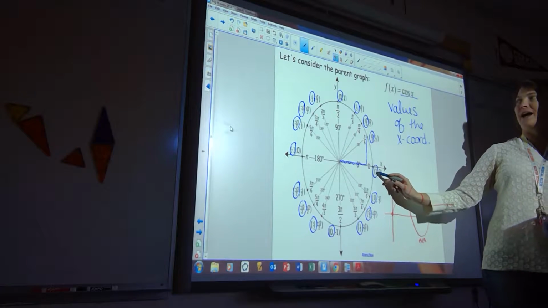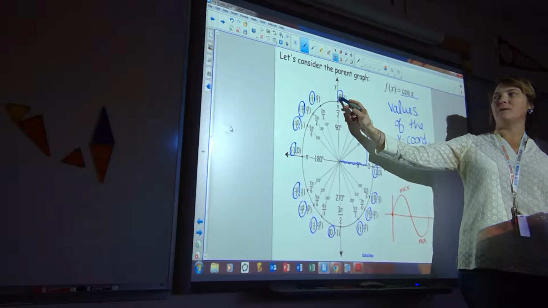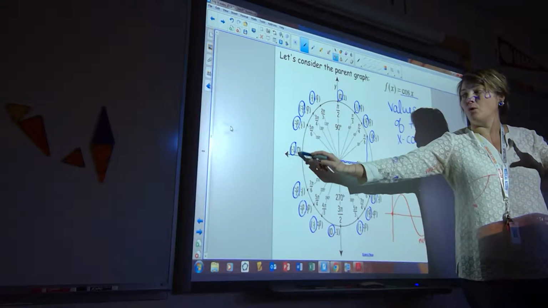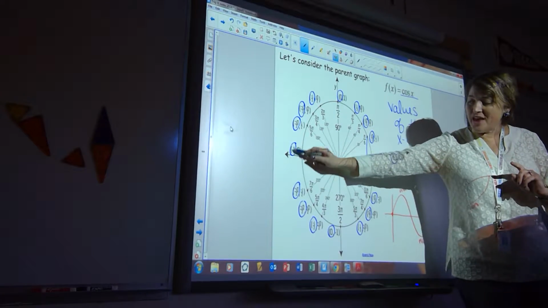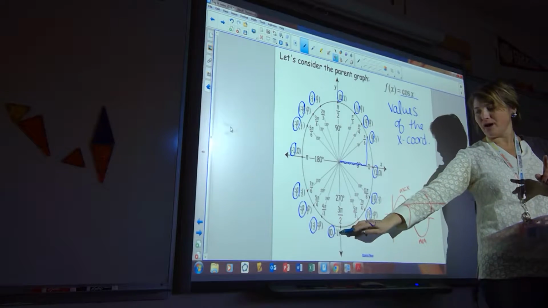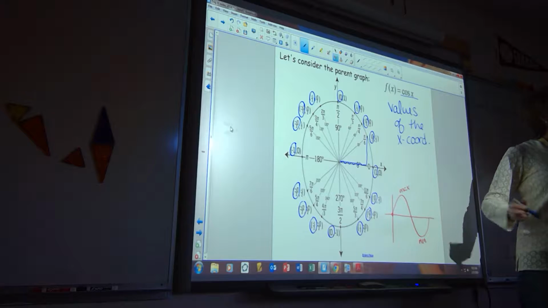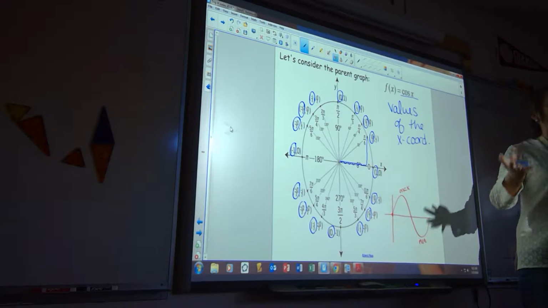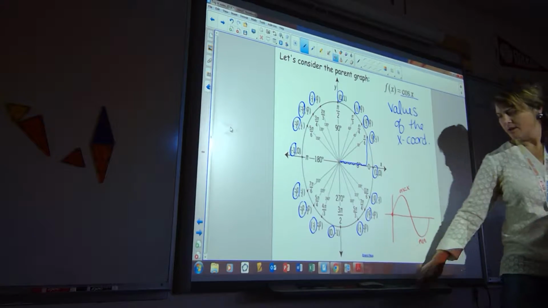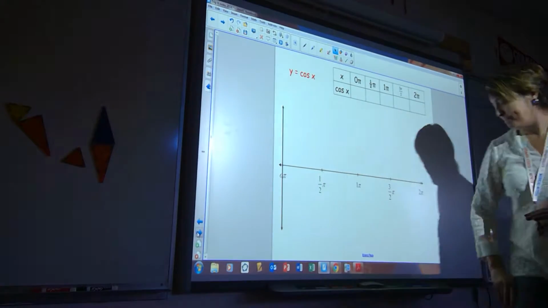So it starts at its max, it decreases to 0, it decreases even more to its min, then it starts increasing back to 0 and increasing back to its max. So it has kind of a different order to it.